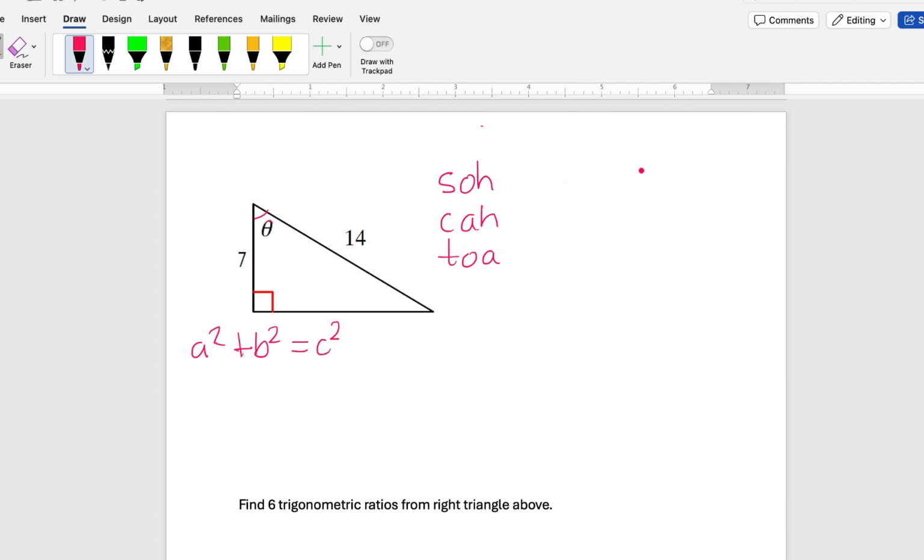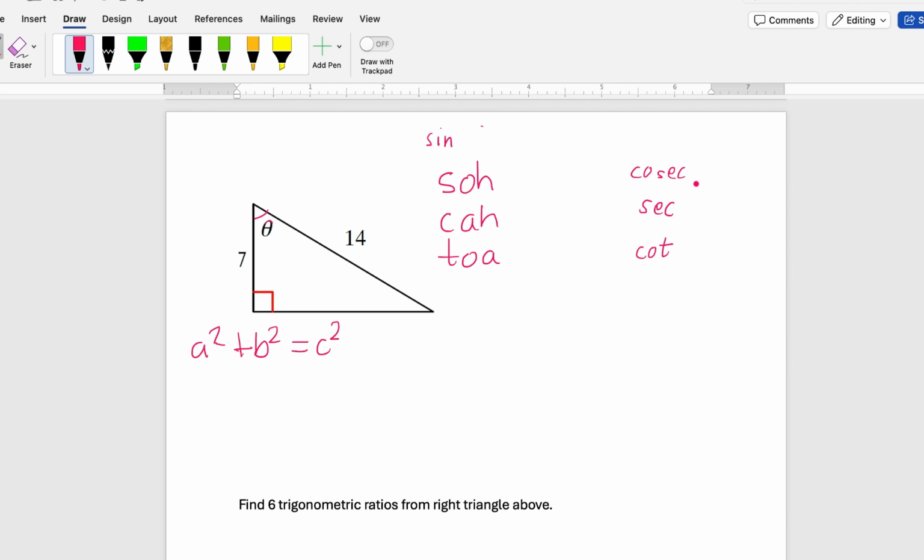Those are called cosecant, secant, and the last one is cotangent. These are going to be the reciprocals of the first three. So for sine, it's opposite over hypotenuse.